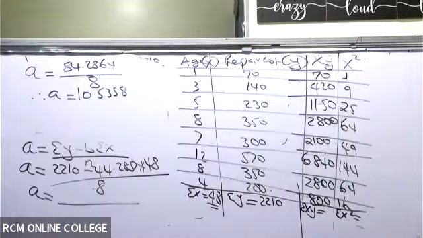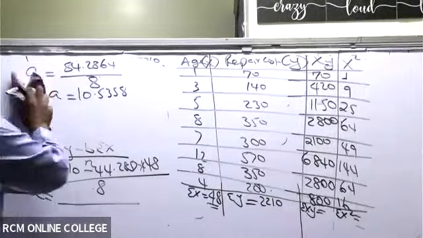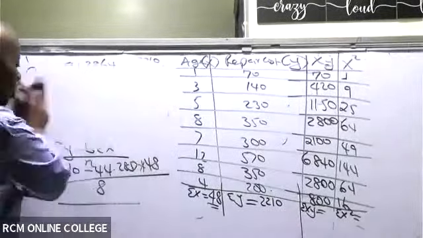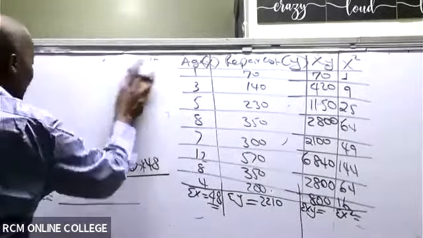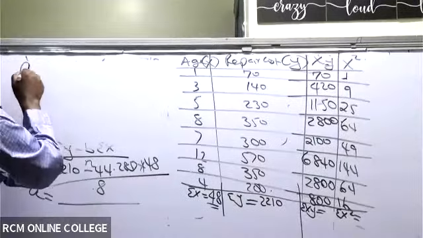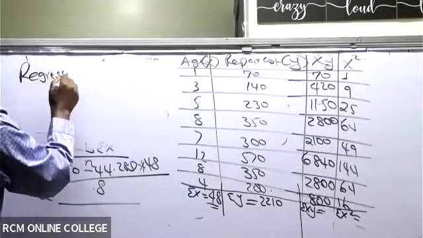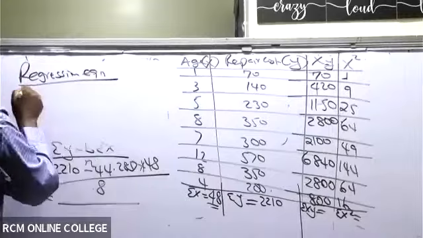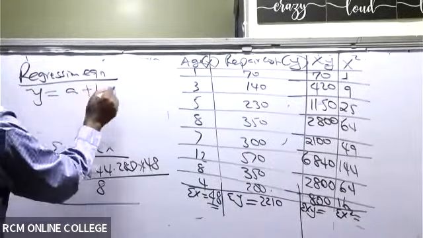All right. So ladies and gentlemen, in this case we should be able to write what we call the regression equation. Remember that our regression equation is Y equals A plus BX.